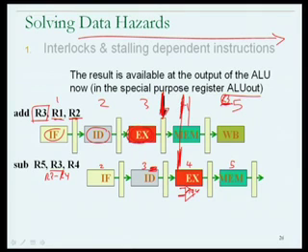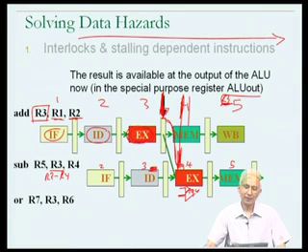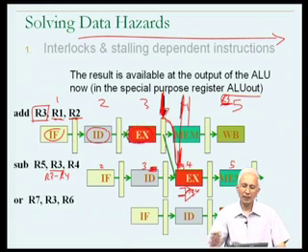And therefore, if one could find a way of routing the desired value from ALU output, as computed by the add instruction, to the place where the subtract instruction requires its use, then one could avoid having interlocking or stopping, one could avoid delaying and stalling the subtract instruction at all. This is the observation which we could make here, and could result in a new technique for handling data hazards.